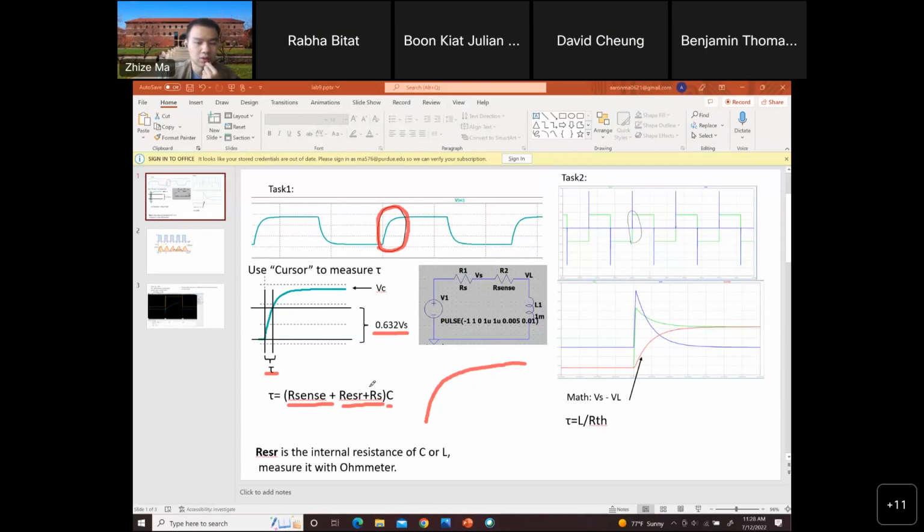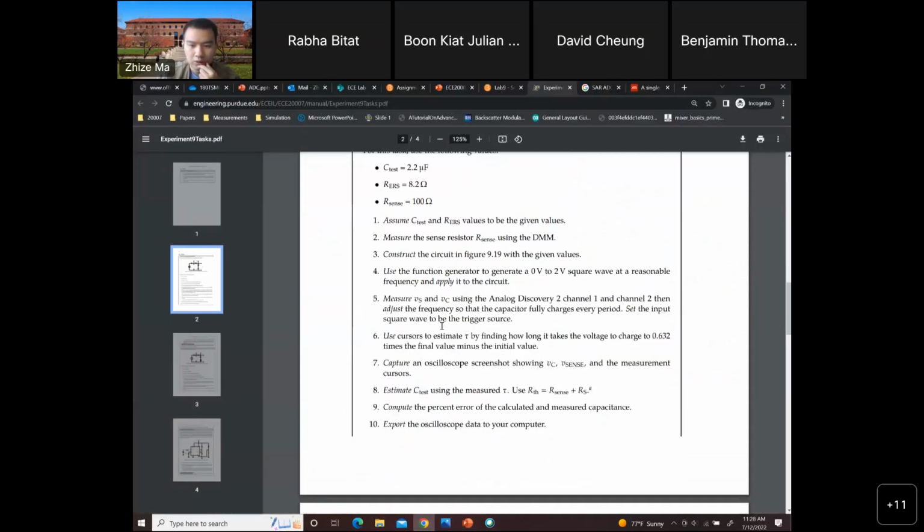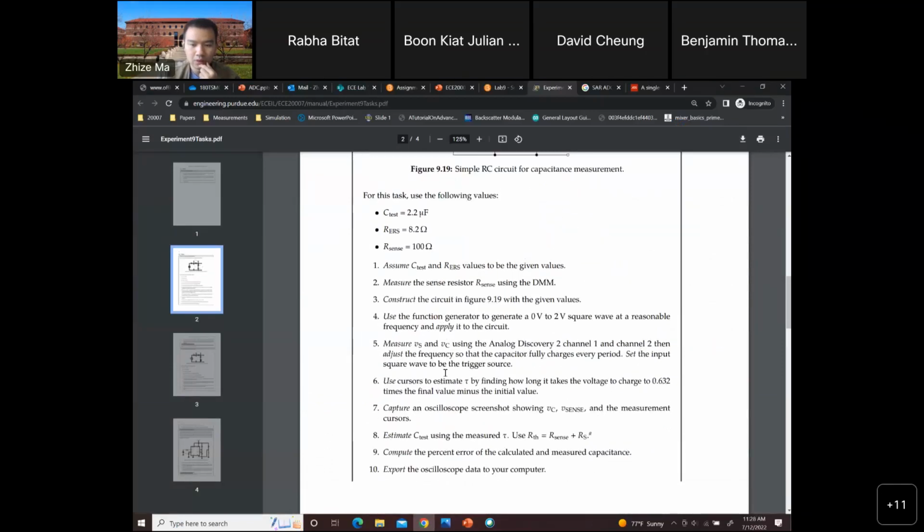Again, since you are using the AD2, RS is equal to 0, so it is just R sense and RESR. That's how you use the oscilloscope and the cursor to measure the time constant and then calculate the C test here.